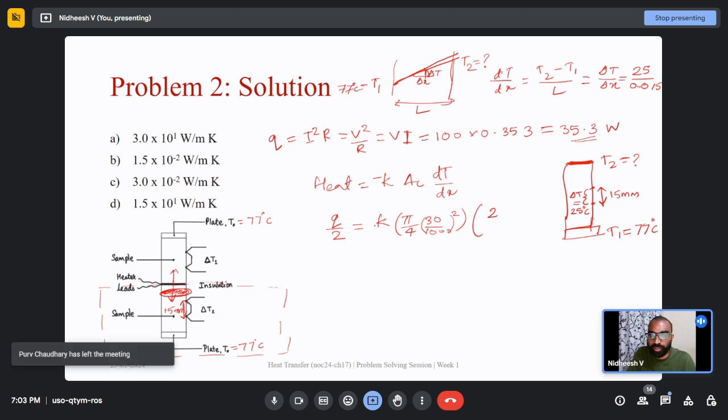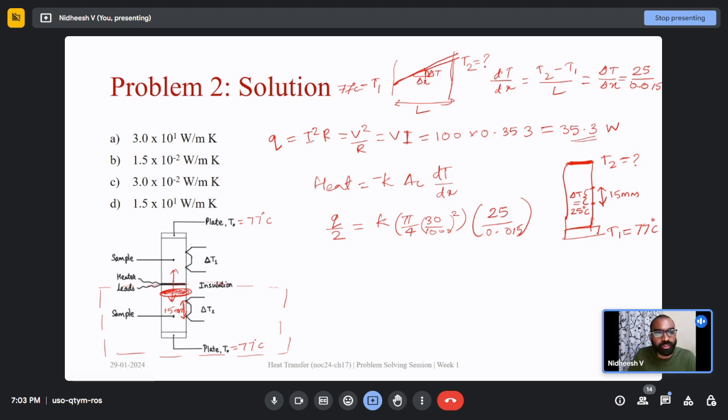Okay, so the Q by 2 heat would be transferred to the sample with a thermal conductivity of K, with an area of cross section of pi by 4 d square, with d equal to 30 millimeter, and with a temperature gradient of 25 by 0.015 meters. Here I am not using the minus sign, you might have noticed, because I have not specified any specific x direction.